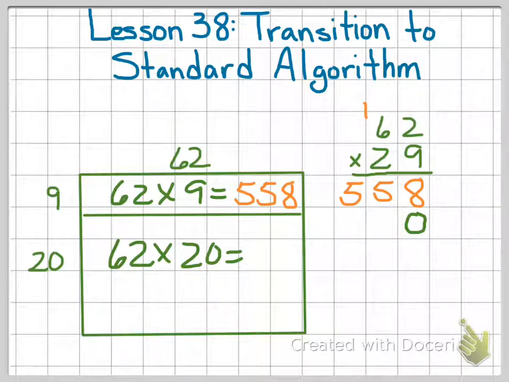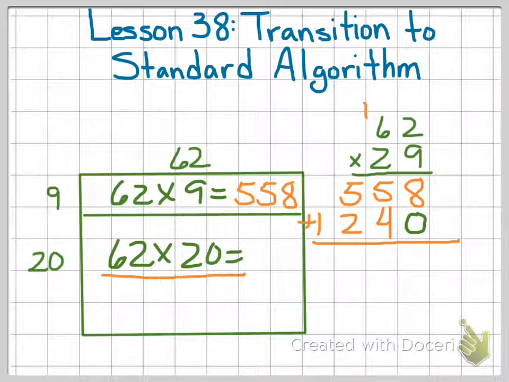So 2 times 2 is 4, and 2 times 6 is 12. And I'm going to add my two sections here, but again, I'm looking over at my rectangle here, and 62 times 20 is 1,240.